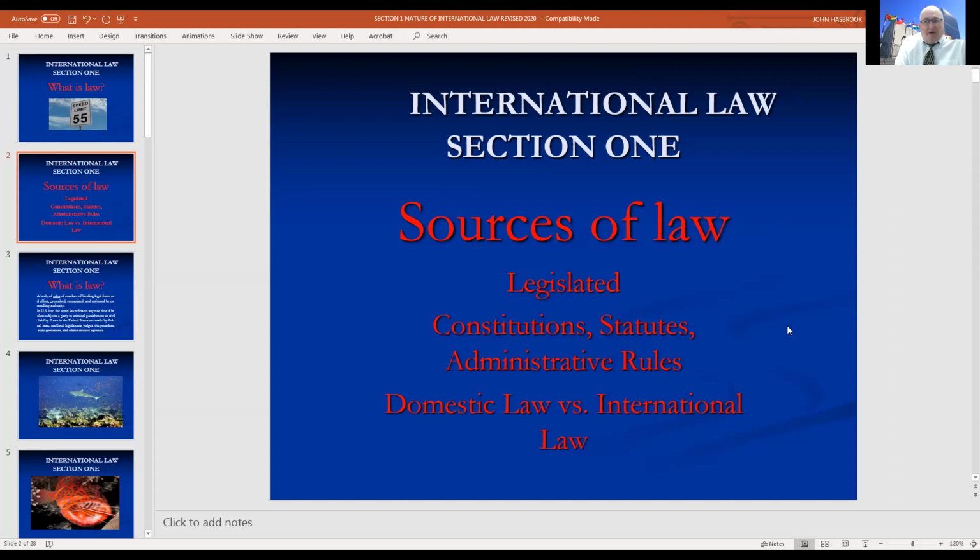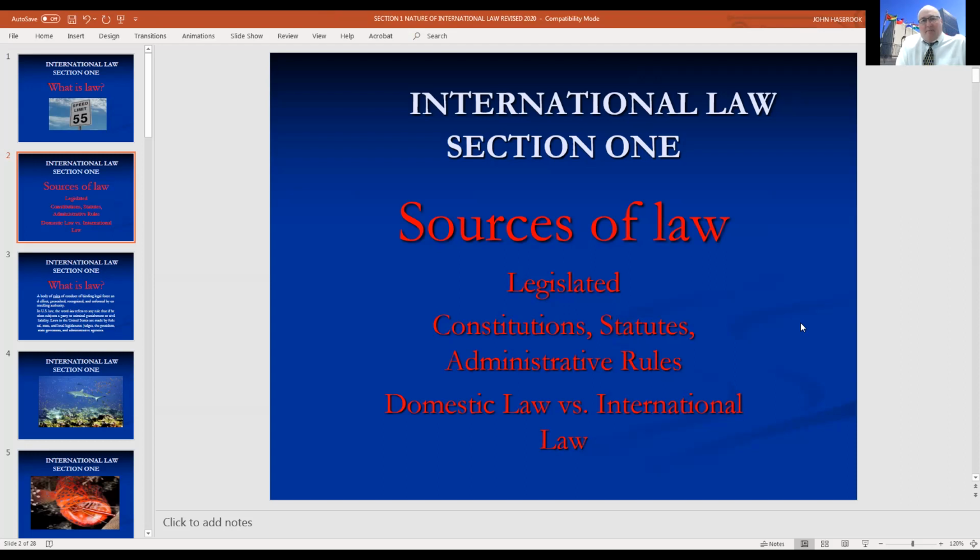So for the most part, when we think about law, we're in our minds thinking about legislated law. That is law that has been created by a legislative body. So let's start with that word legislated. The term legislate means to be able to create law, to write law, to make law.